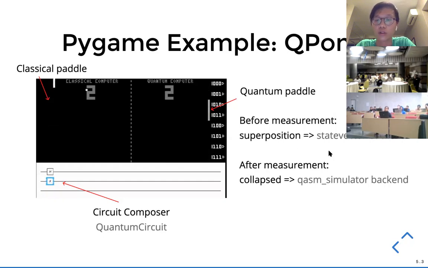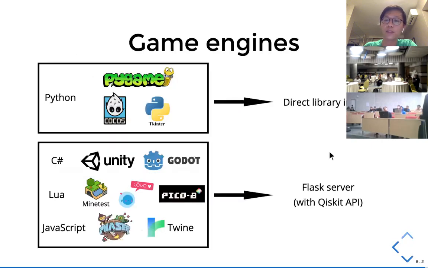One of the solutions I showed you was using a Flask server. You can do it on your local computer, but if you want to ship a game, for example, I was trying to do a Pong to install on an iOS device, this way doesn't work because you cannot run a local Flask server on your iPhone.